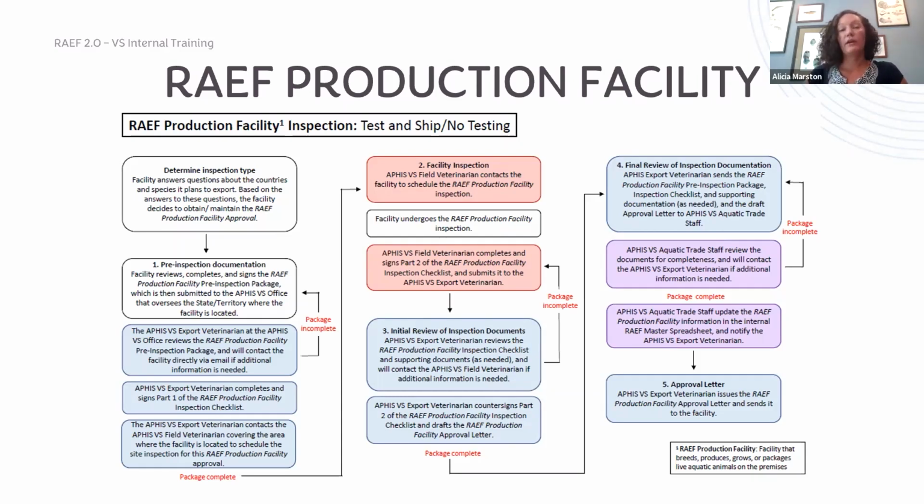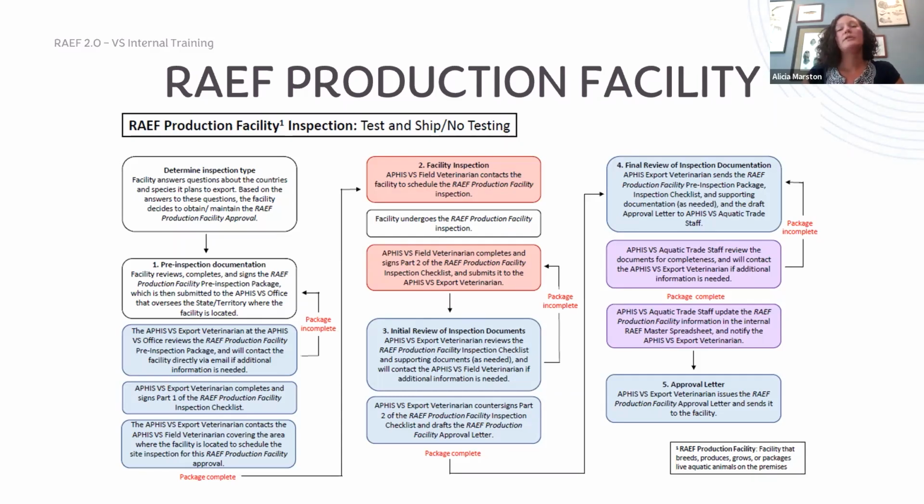Then the export veterinarian is going to be completing part 1 of the inspection checklist, which is focused on documenting what are the export requirements to send this species to this country. Once the export VMO fills out that part 1 checklist and signs it, then they're going to send the inspection checklist and the pre-inspection package to the field veterinarian that is covering that region.